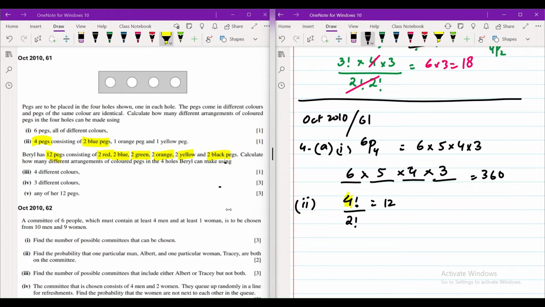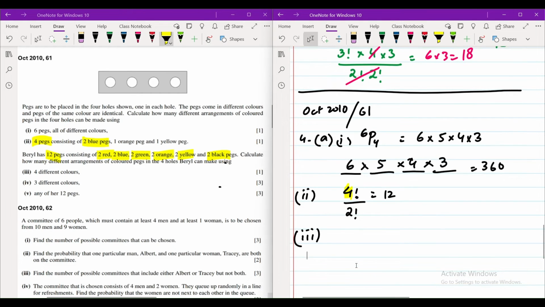Now we have 4 different colors. So we're still choosing, but we're arranging our selections also. So we have 2 blue, 2 red, 2 green, 2 orange, 2 yellow, 2 black of those, but we can just have 4 different colors, not all of them.